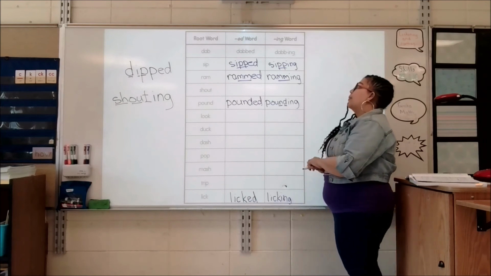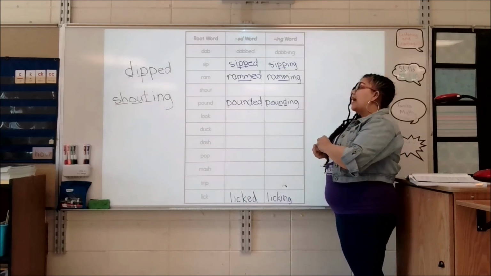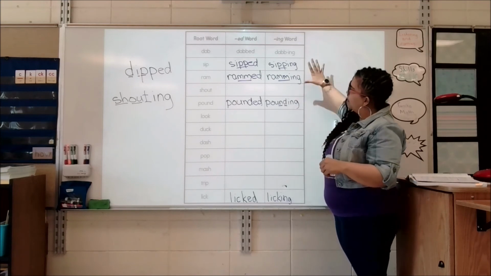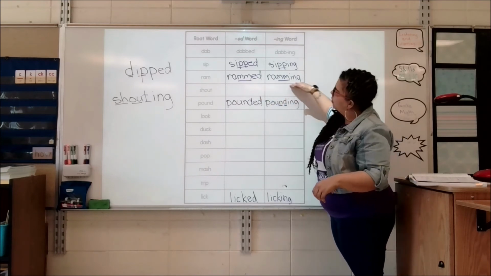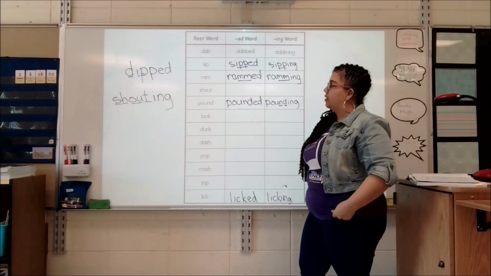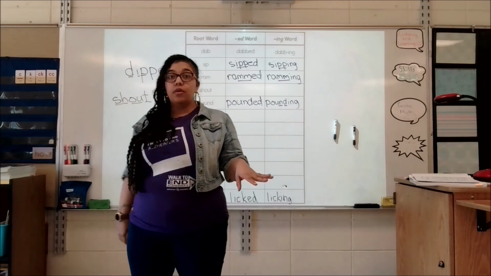Alright, like I said, I'm doing part of it with you. Your assignment to the side of the video will reflect that I did part of it with you, but you're going to be responsible for completing the chart and adding the endings for the rest of the words. The rest of it is on you, okay?